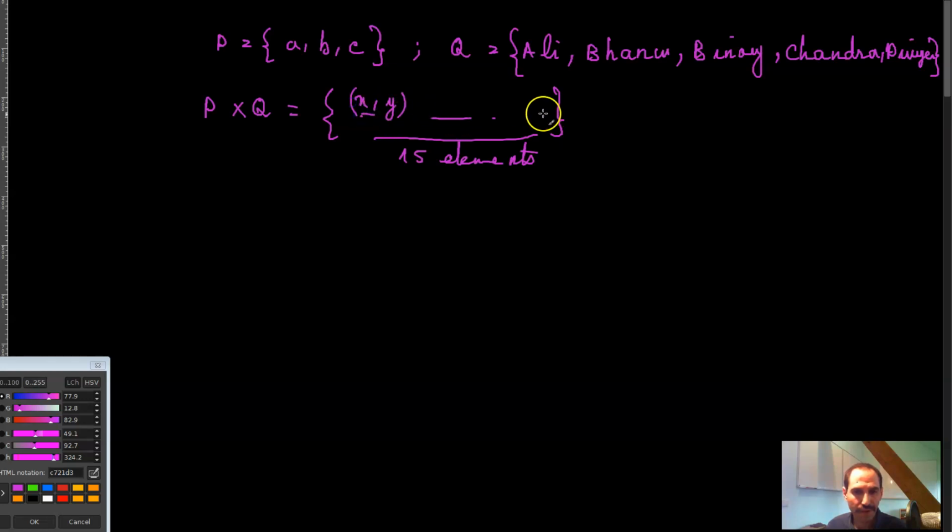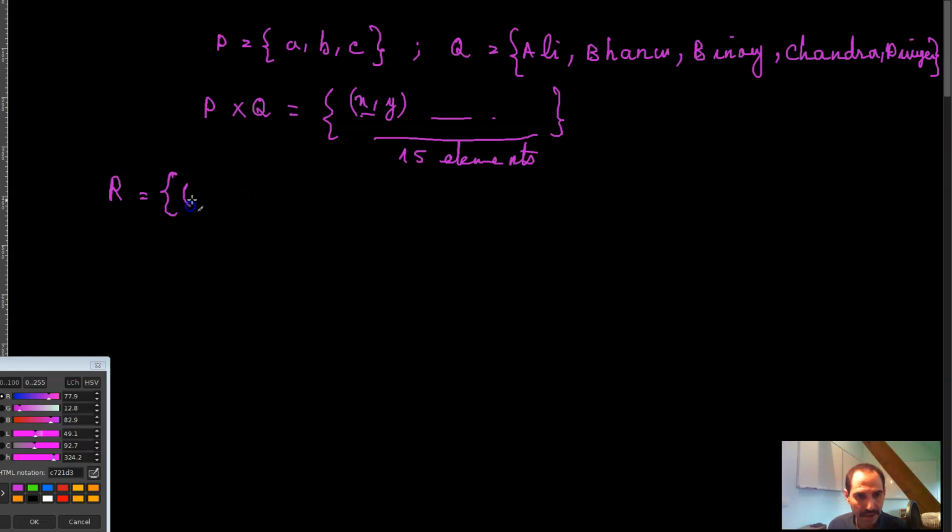If I imagine that each element in this set is some ordered pair X and Y, then if I introduce a relation between X and Y, based on that relation I can obtain a subset of P times Q, right? And I can define that relation in any way that I want, or in any way that I need.